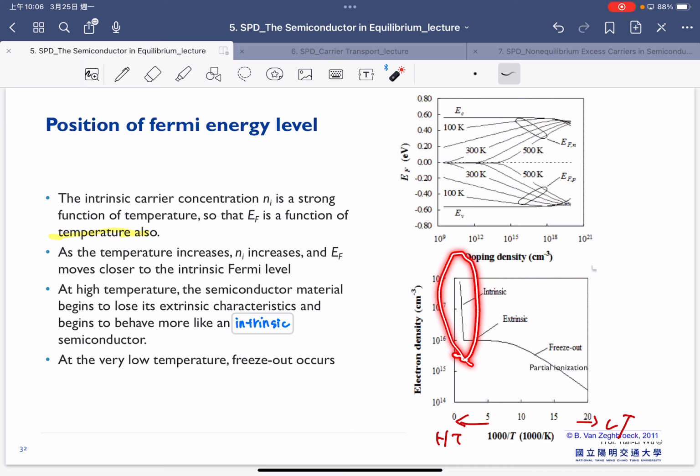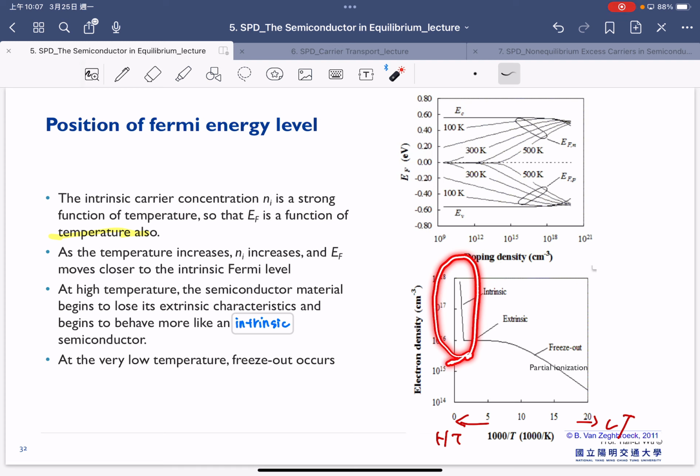And in this case, we lose the capability to control the doping, because whatever you try to dope, whether acceptor or donor, it doesn't matter. The concentration always approaches that of the intrinsic semiconductor.